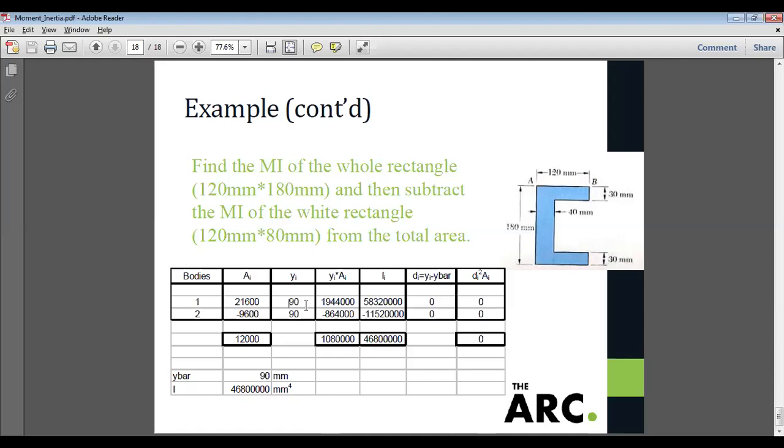We have calculated this and this, y multiplied. But this is not showing results as desired. So there is a certain problem.